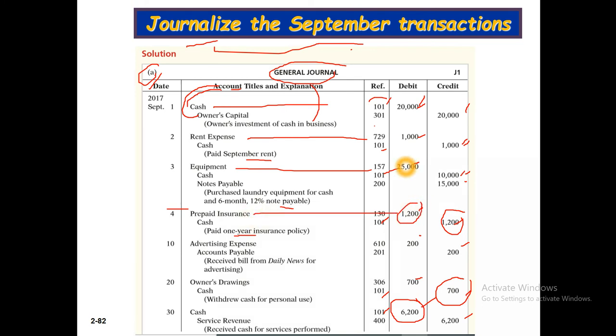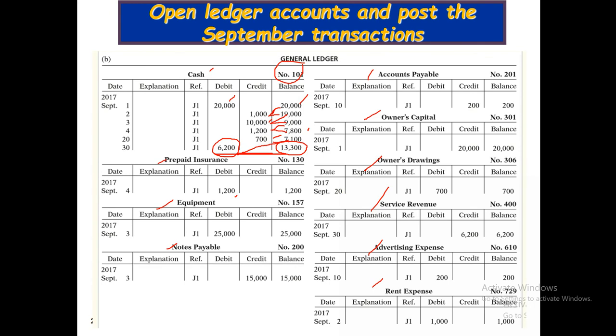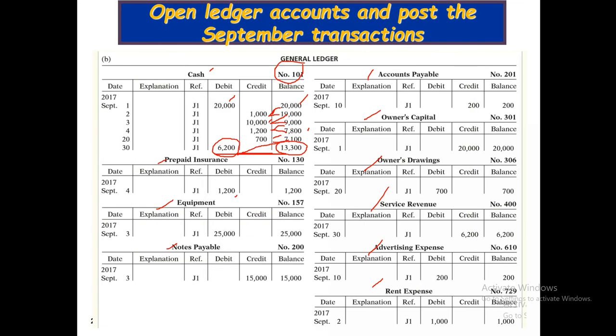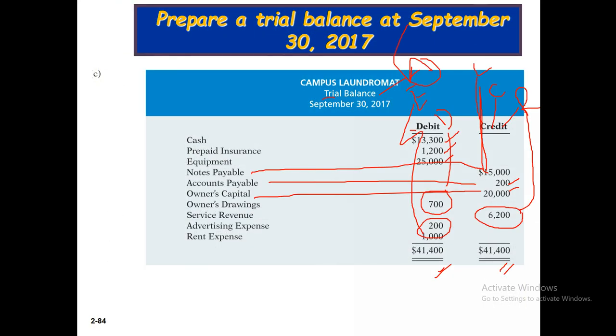In such a way we are using all the journal heads in our general ledger. So from the general ledger we are preparing the ledger closing balances to prepare our trial balance. So this is the trial balance item. I think everybody is clear, and that's all. And trial balance both sides will be equal.